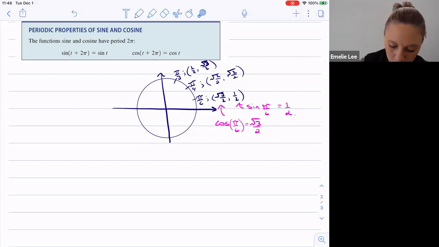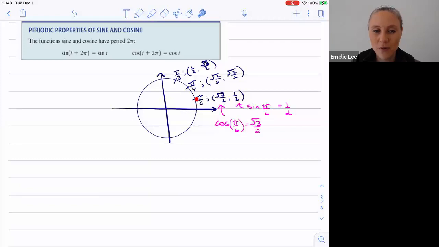So if we start here, which is what we usually do, and I move through the circle, my angle would be 2 pi plus pi over 6 if I came back to this point. Now I've moved through the circle once, but the point I end up at is the same. So even for larger angles, we move through the same circle, same points, and we just move around and around the circle.